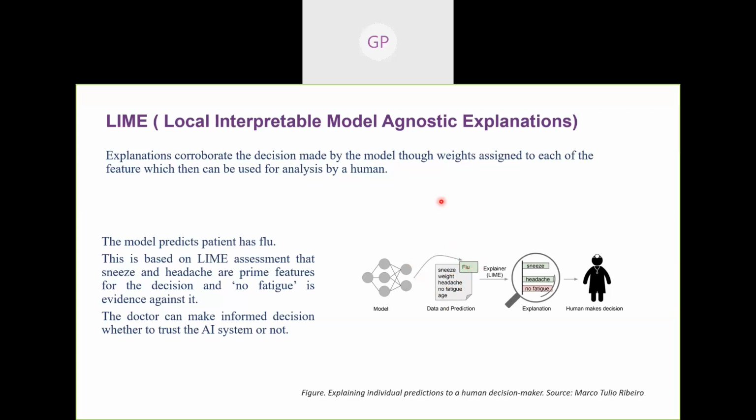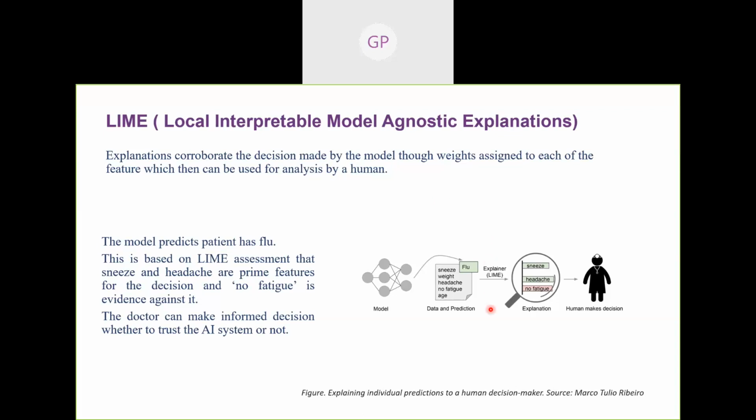LIME assesses the test input locally, creating perturbed points around that test point and building another model to explain the decision taken by the global model. So it creates a local model. The global model is the one which is trained, and the local model explains its decision using the test data by creating perturbed points around that data.